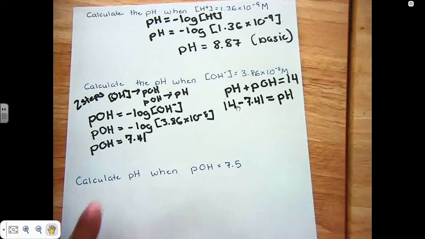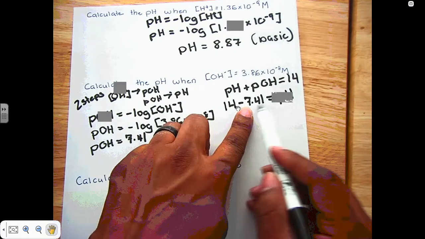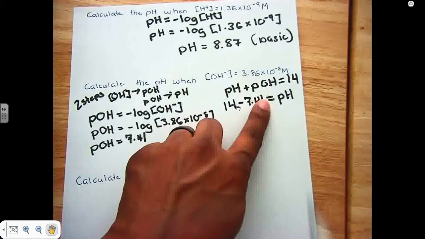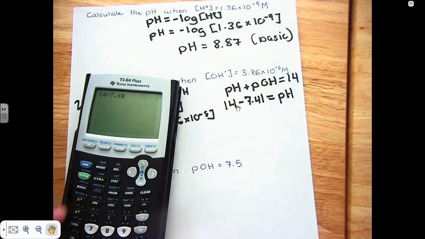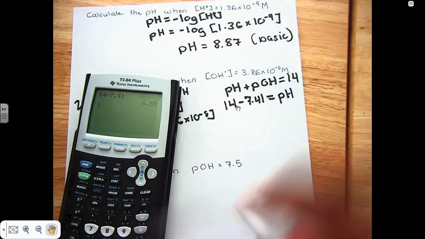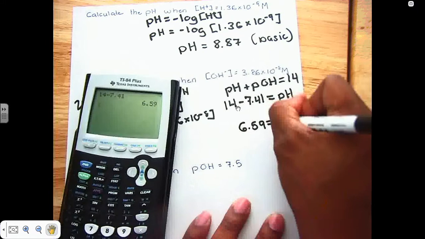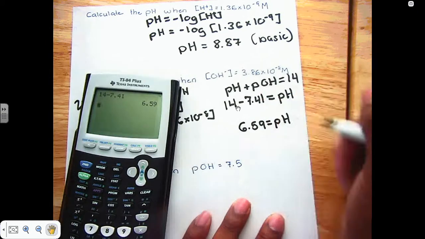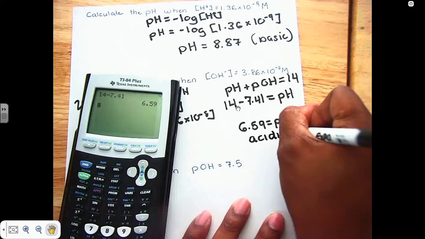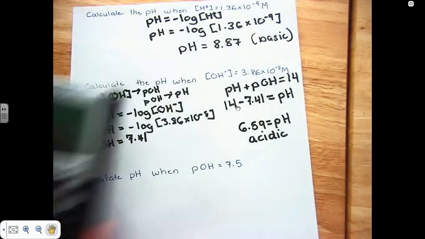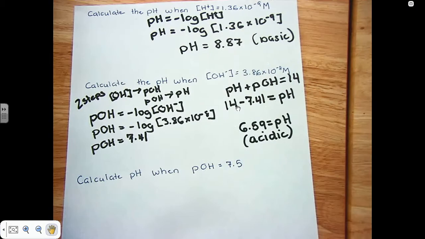So mathematically, if I take my 14, subtract 7.41, I get a value of 6.59, which is equal to my pH. And because the pH is less than 7, this is going to be closer to acidic. And you might be tempted to say it's neutral if you want, but I'm leaning acidic on this guy.